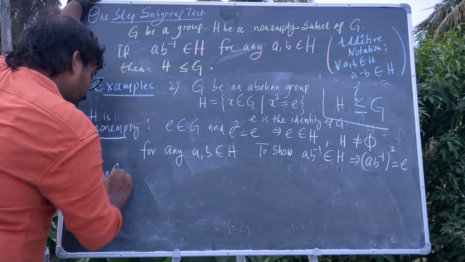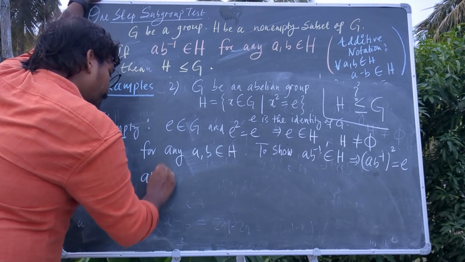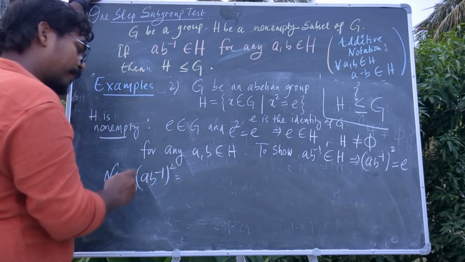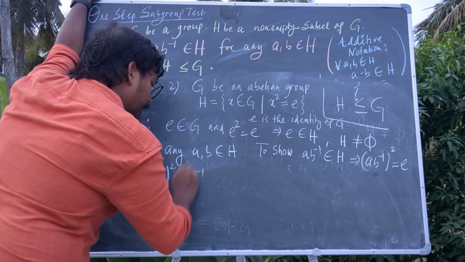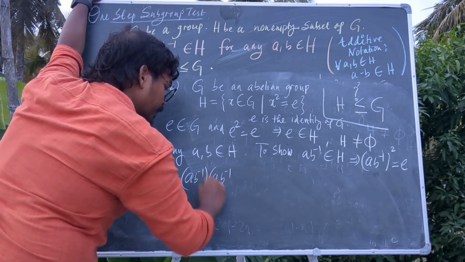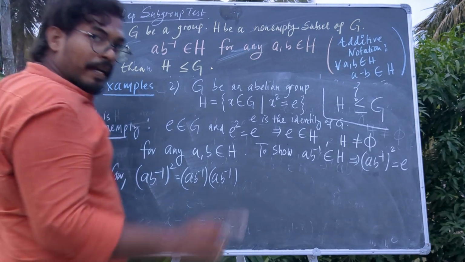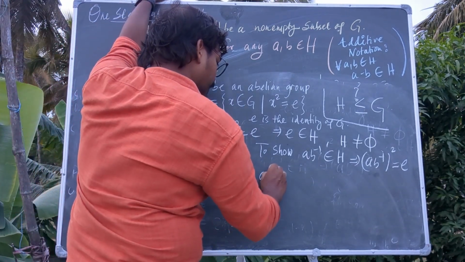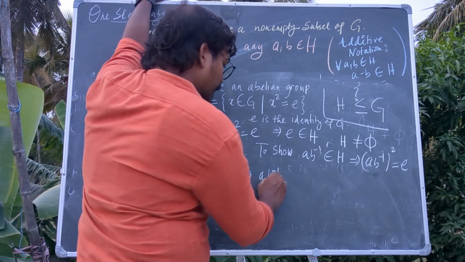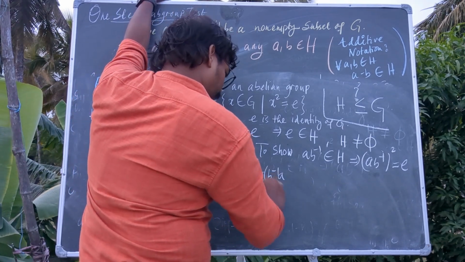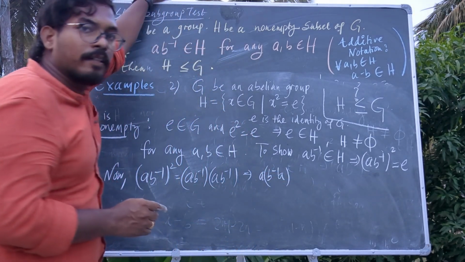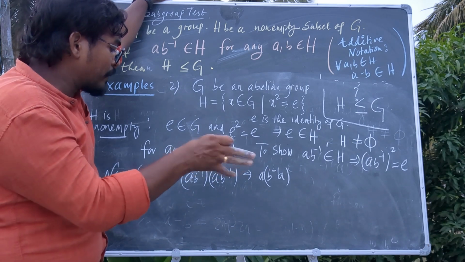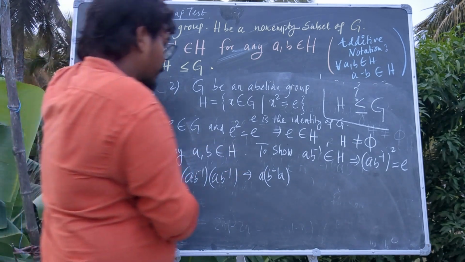Now, (a b inverse) squared is nothing but a b inverse times a b inverse. By associativity, parentheses are redundant. I can apply parentheses anywhere and change the parentheses.